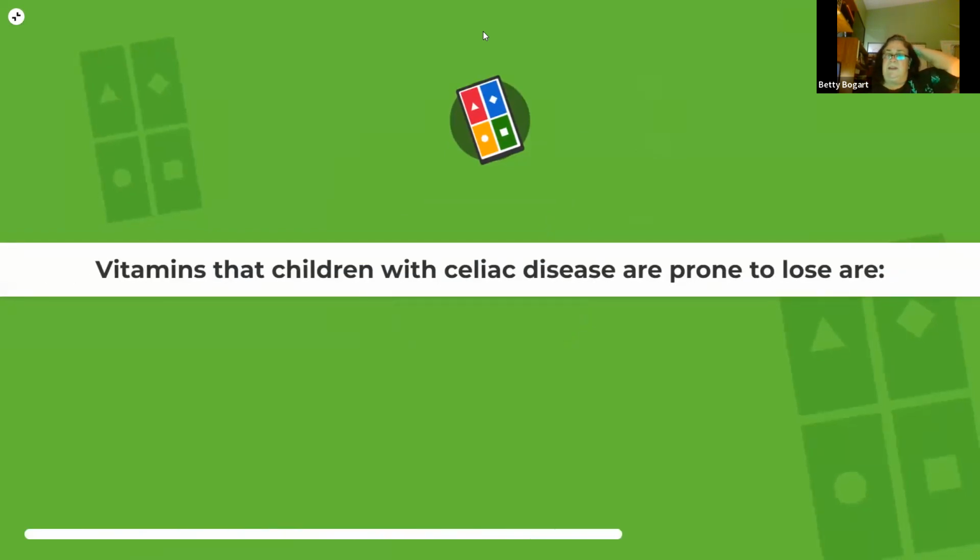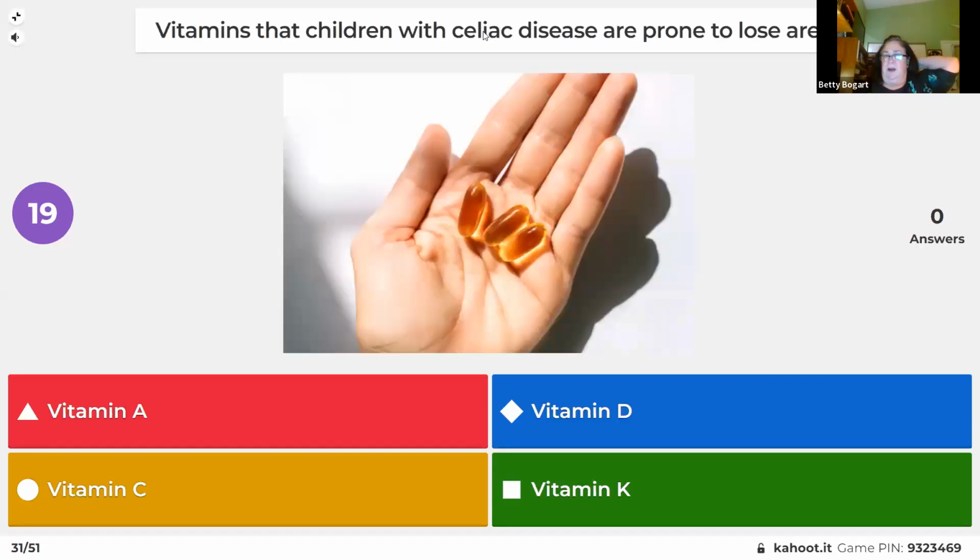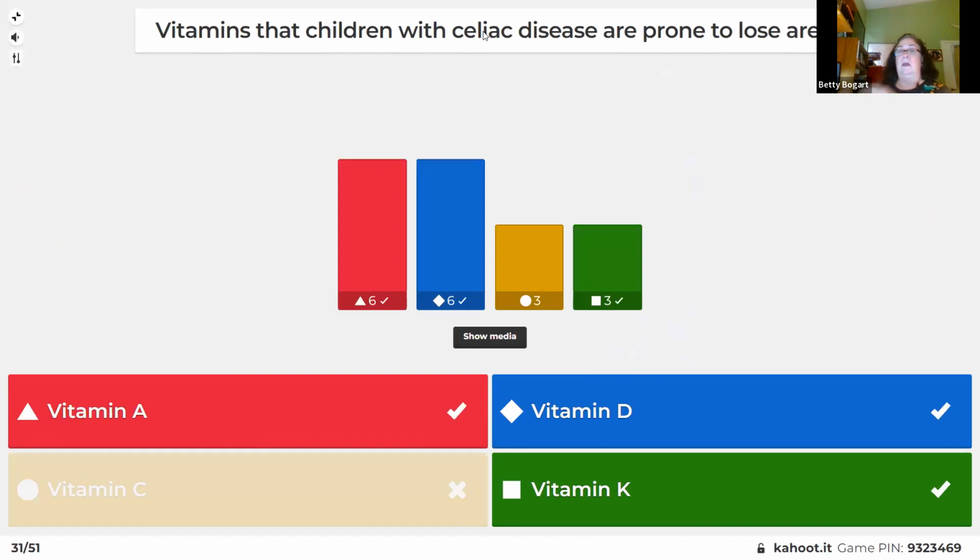Vitamins that children with celiac disease are prone to lose are fat soluble, anything fat, A, D, K, all fat soluble vitamins. These are the ones that they don't absorb, they can't.